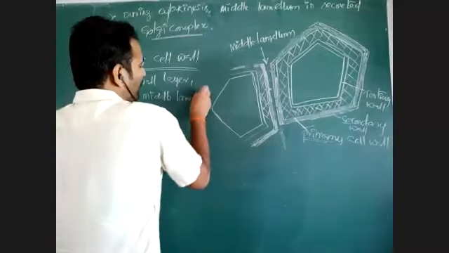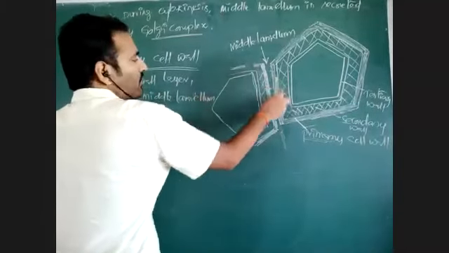Inside middle lamellum, the first layer is the primary cell wall. That is the point. It is a thin, elastic structure.